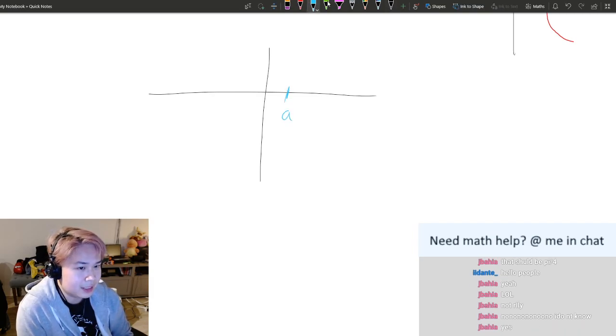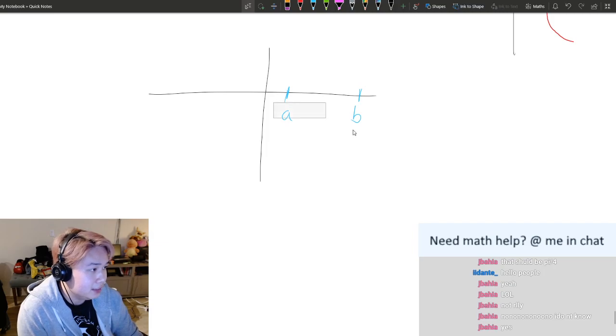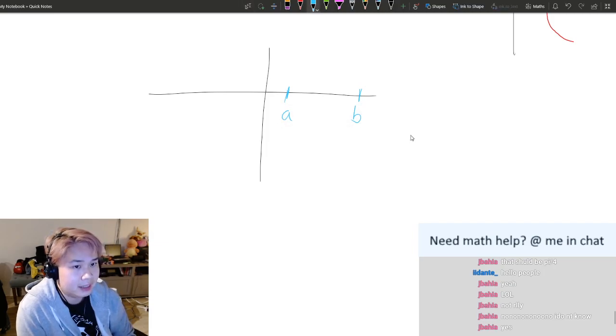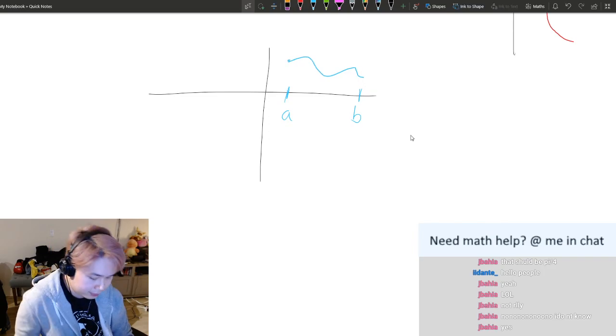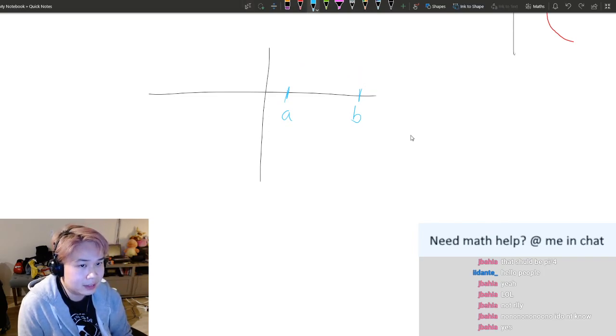So the best way to probably be introduced to continuous functions is, let's say a function is continuous from A to B. That means that when you draw your function, you cannot lift up your pencil. So this is what it means to be continuous. So certain graphs, you know, maybe there's an asymptote. So you have to lift up your pen to draw the other side. So that's discontinuous.